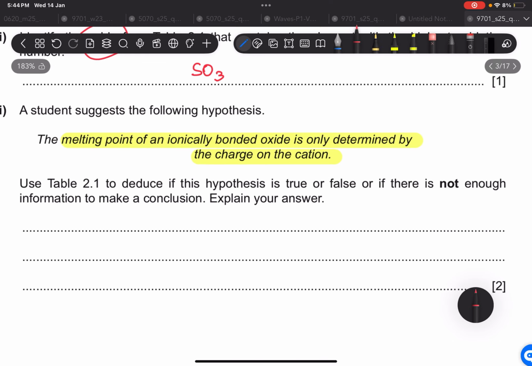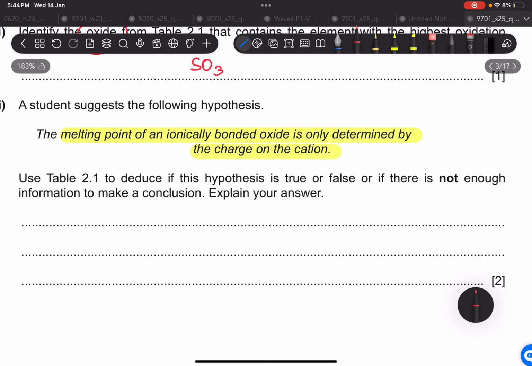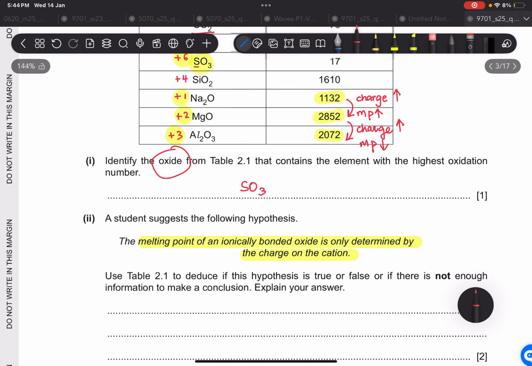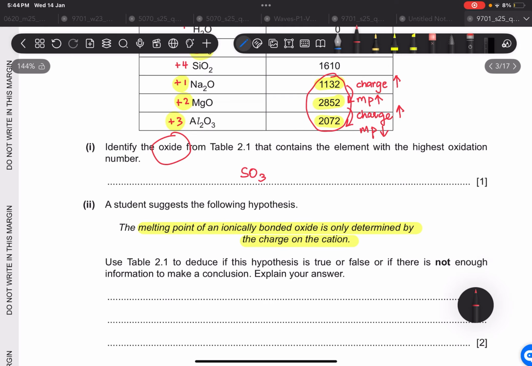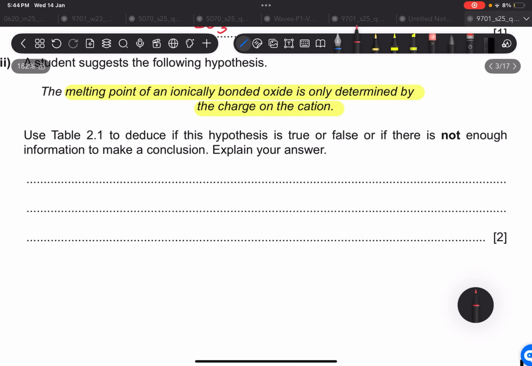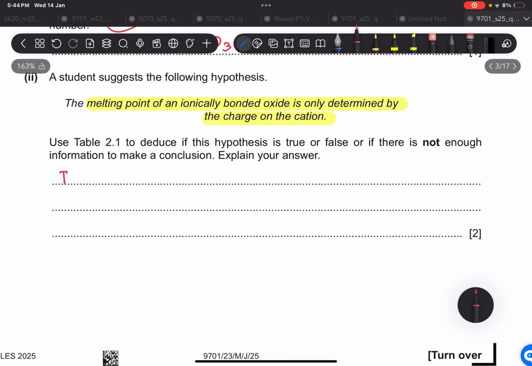Use table 2.1 to deduce if this hypothesis is true or false, or if there is not enough information to make a conclusion. I'd say it's false. That's what I feel, because I just showed you that the charge over here is increasing and the melting point is increasing, but then the charge is decreasing and the melting point is also decreasing. So I'd say it's false.